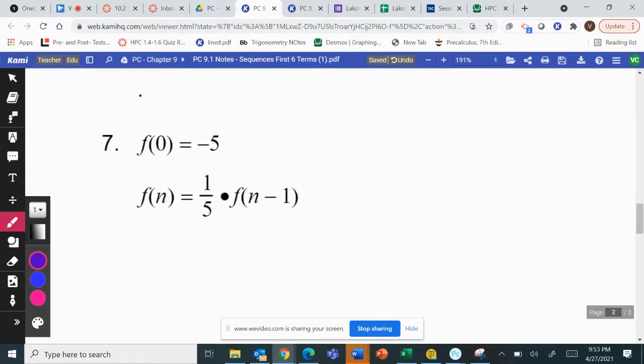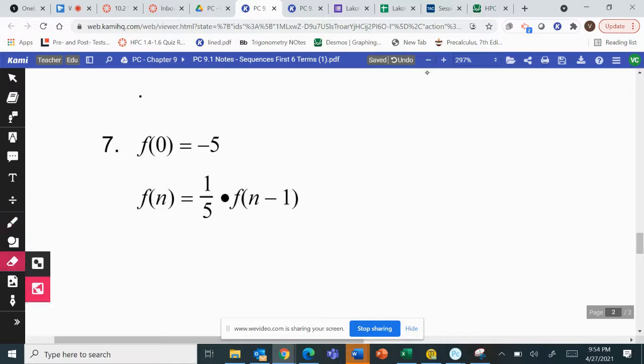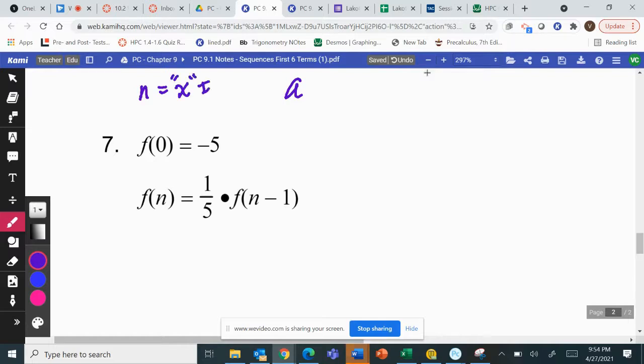Now here's one that doesn't have A's in it at all. So this one, we need to understand, and I wrote this earlier, n is like the x, where it's the input to the equation. A sub n is like the y, which is the output.